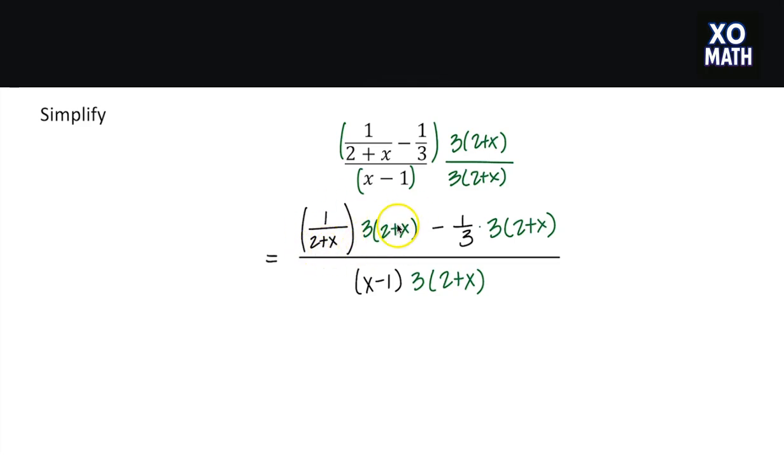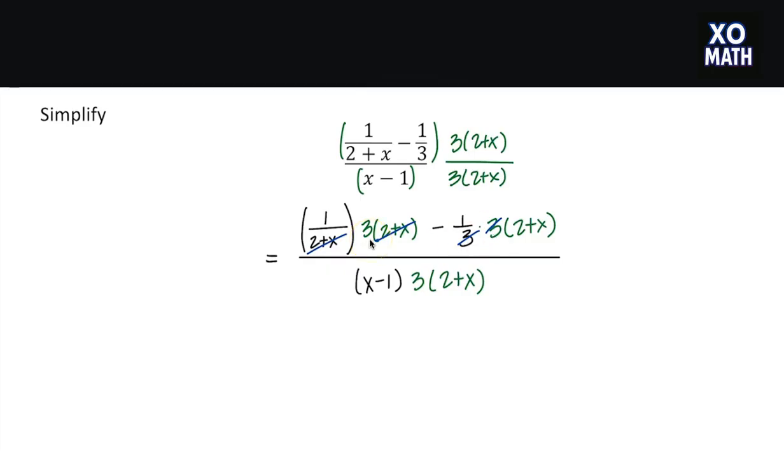We have a 2 plus x over a 2 plus x, so that simplifies to just 1, or those cancel. In the next term, 1/3 times 3, or 3 divided by 3, is also just 1, so those cancel.